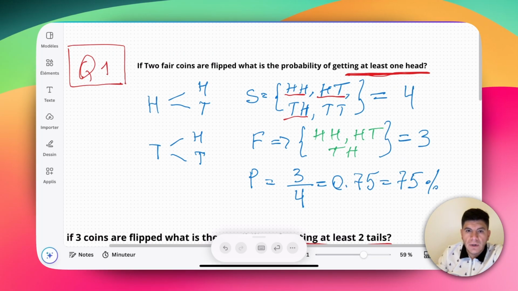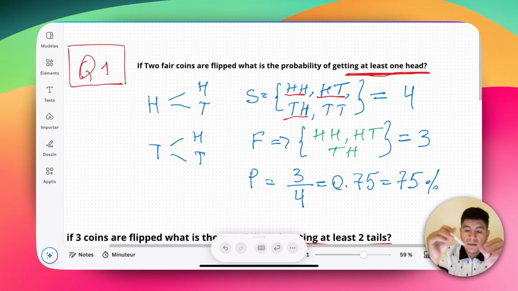In our last video, I explained in simple words what probability is and what a sample space is, with the help of a tree diagram. We have seen the possible outcomes of flipping 2 or 3 coins.